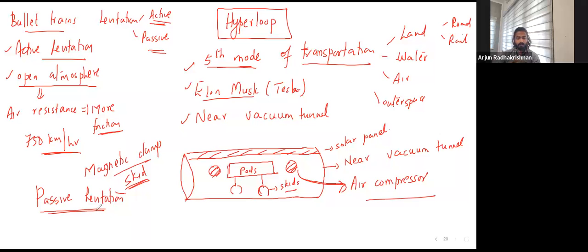After that, it retains the magnetism property until the train gets stopped. Because it is operating in vacuum, there is very less air resistance. So initially you give electric current, magnetism is there, and it will continue till the train stops in the next station. After the next station, again you give an electric current, magnetism will come and it will continue operation. So this is passive levitation.